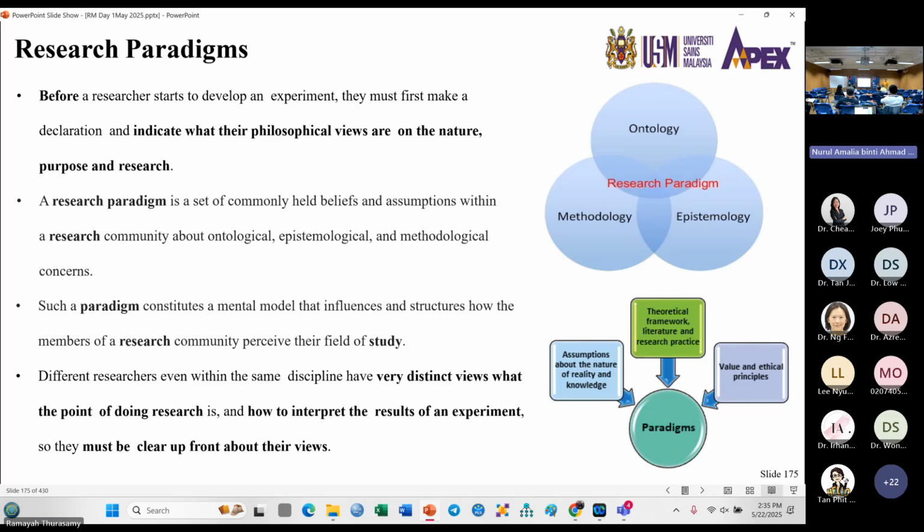Okay. I only became familiar with this when I went to University of Melbourne in 2011. Before this, in Malaysia, when you write chapter number 3, I want to do quantitative. Why? I don't know. Because my supervisor is quantitative. It is not like that.